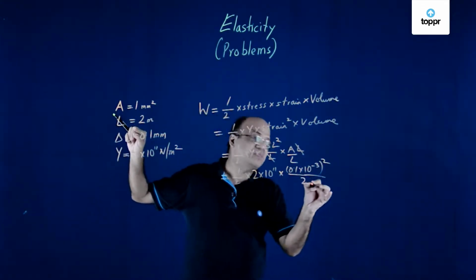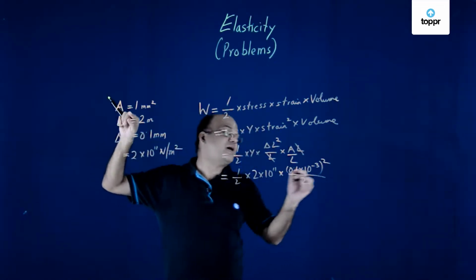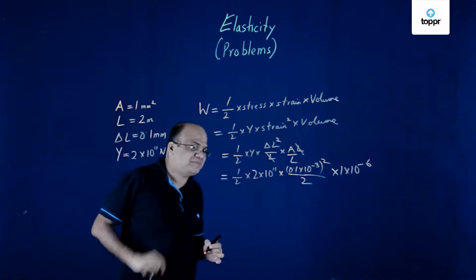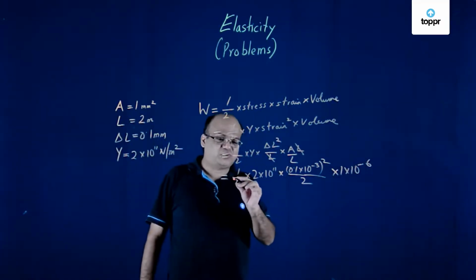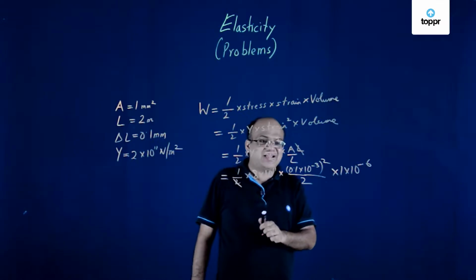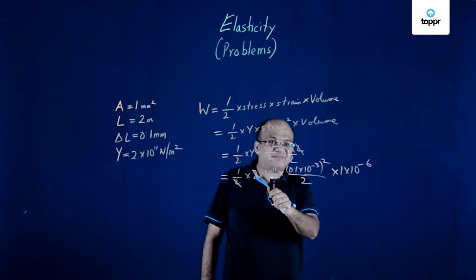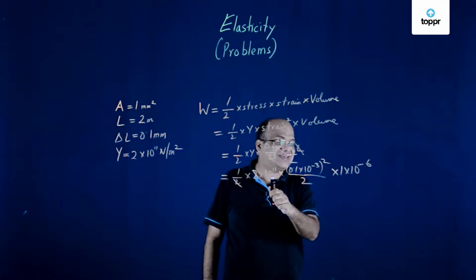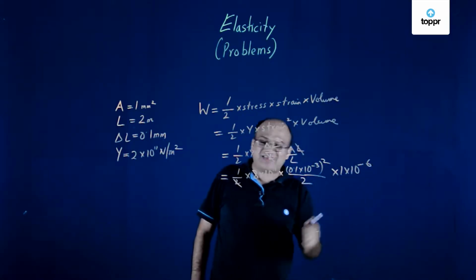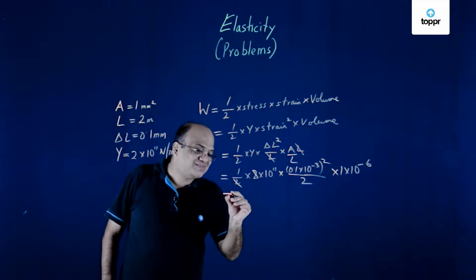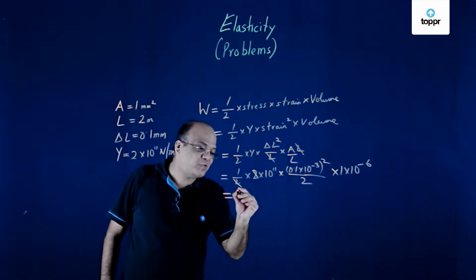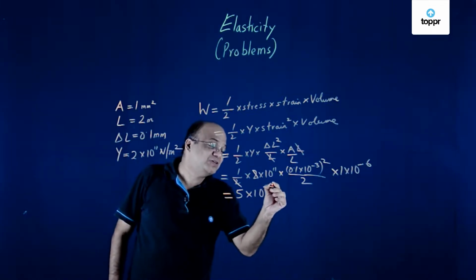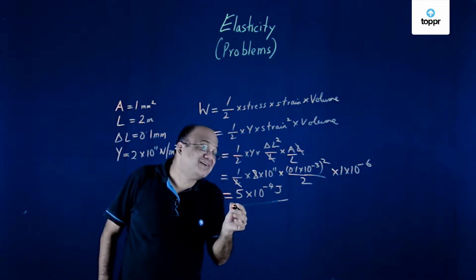Length is 2, and area is 1 millimeter square, 1 into 10 to the power minus 6. So this 2 and 2 will cancel. Here you have got 10 to the power 11, and 10 to the power minus 4 minus 8, so this will become 10 to the power 3. So you get 10 to the power minus 3. If you put that, you'll get 1 by 2 as 0.5. So 5 into 10 to the power minus 4 joules. So this is the work done.